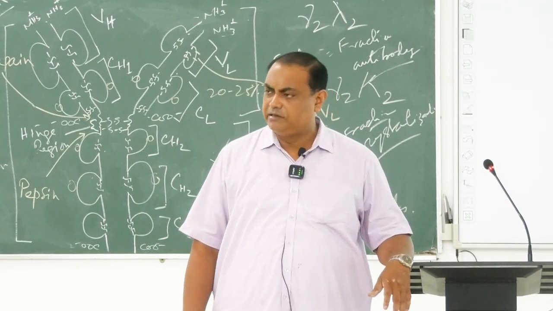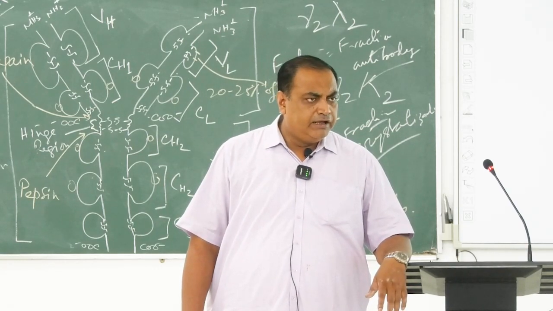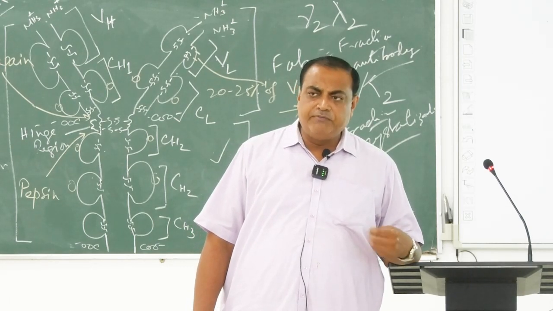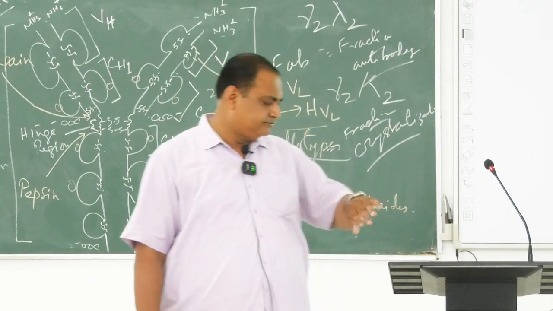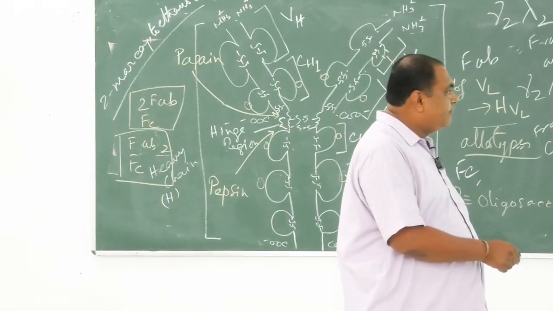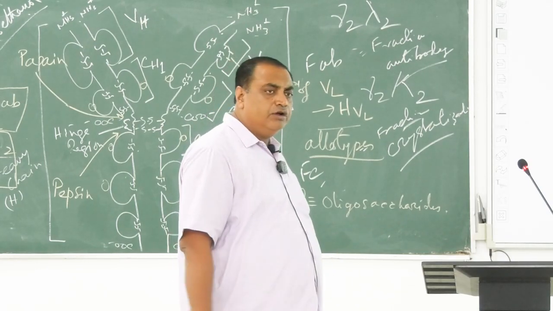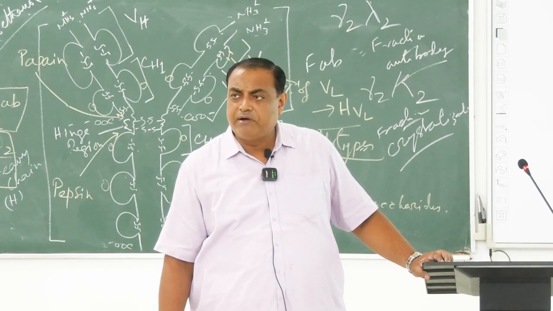So that accounts for the different property of IgA. We'll come to that later. Now IgG has 4 subclasses: gamma 1, gamma 2, gamma 3, gamma 4. These are the subtypes of the isotype IgG.